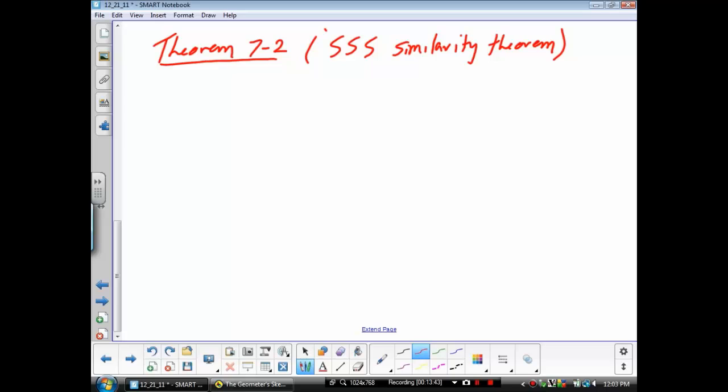If all three sides of one triangle are in proportion with all three sides of another triangle, then the two triangles are similar.